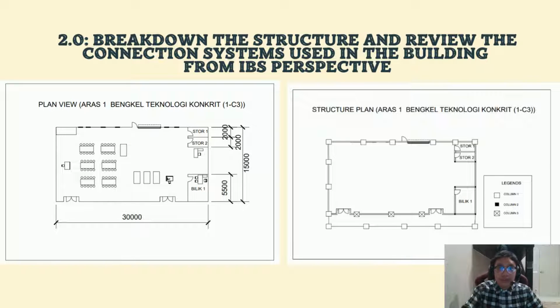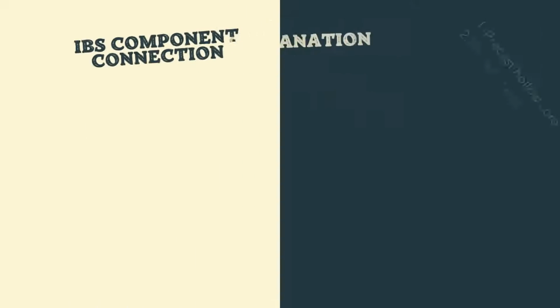As shown in the first figure is a plan view. We use the AutoCAD software to apply the IBS to the building. The figure on the right is the structure design of the concrete laboratory.